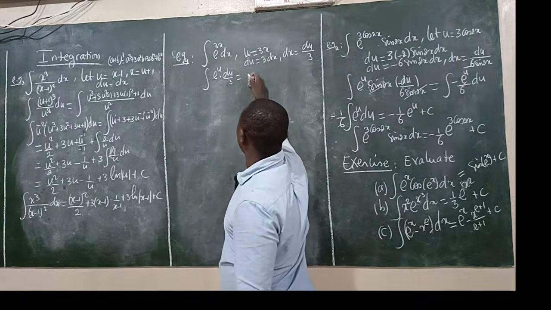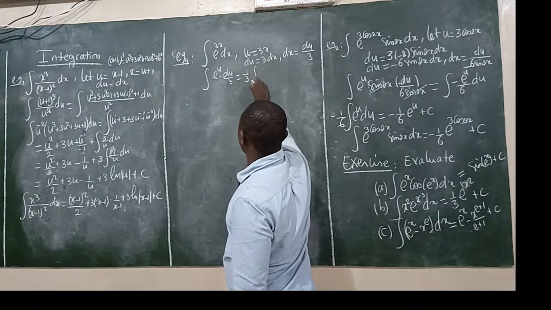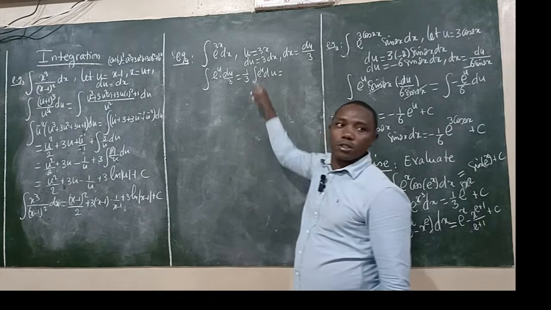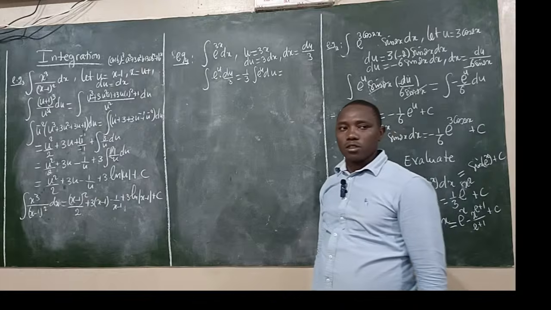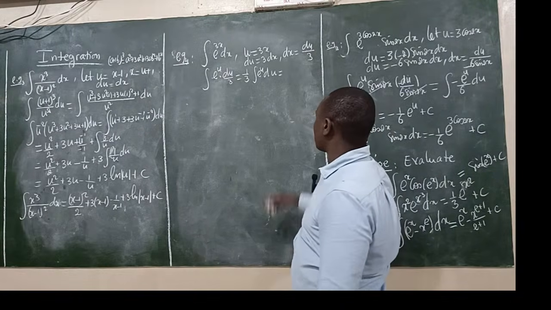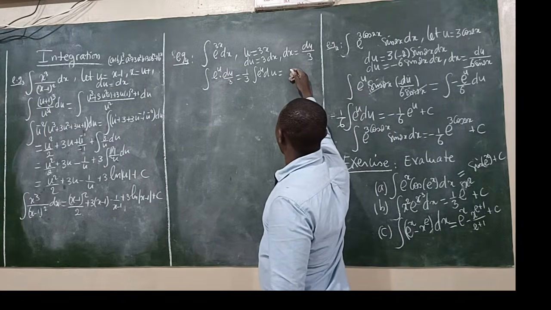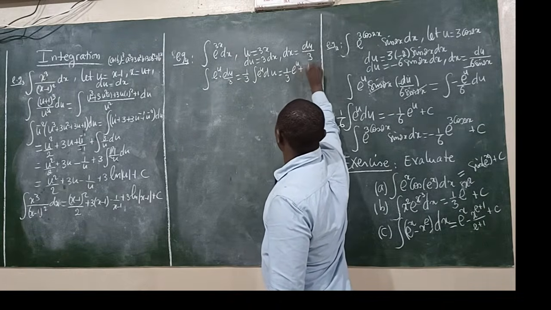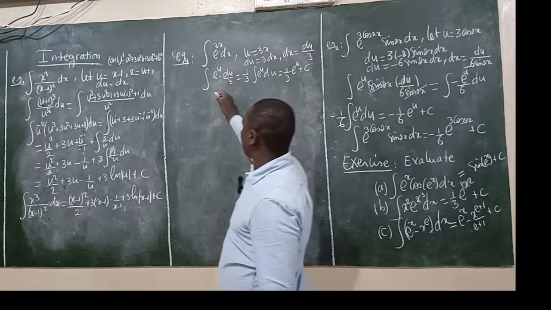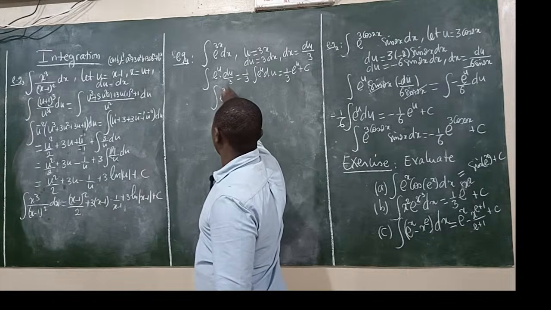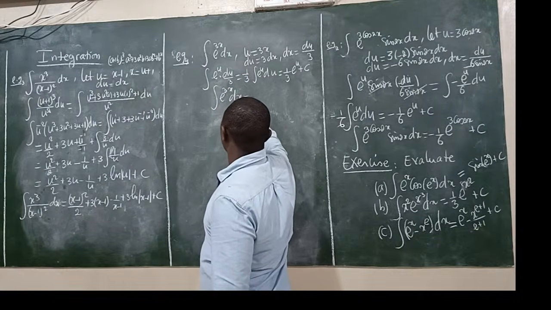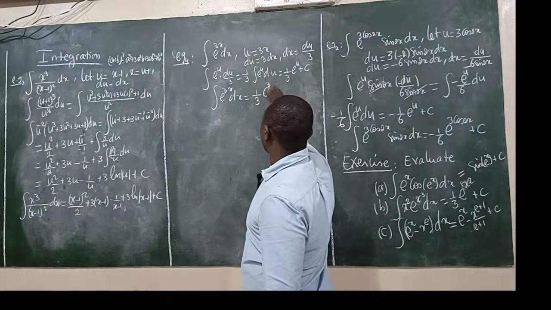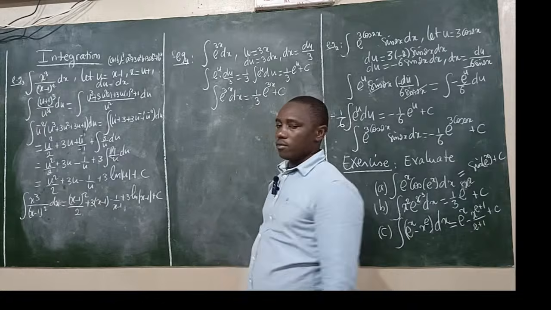Let's take out the 3 here. It will be 1 over 3 times the integral of e^u du. As I told you, this does not change. Here is 1 over 3 times e^u plus c. So, the integral of e^(3x) dx is equal to 1 over 3 e^(3x) plus c.